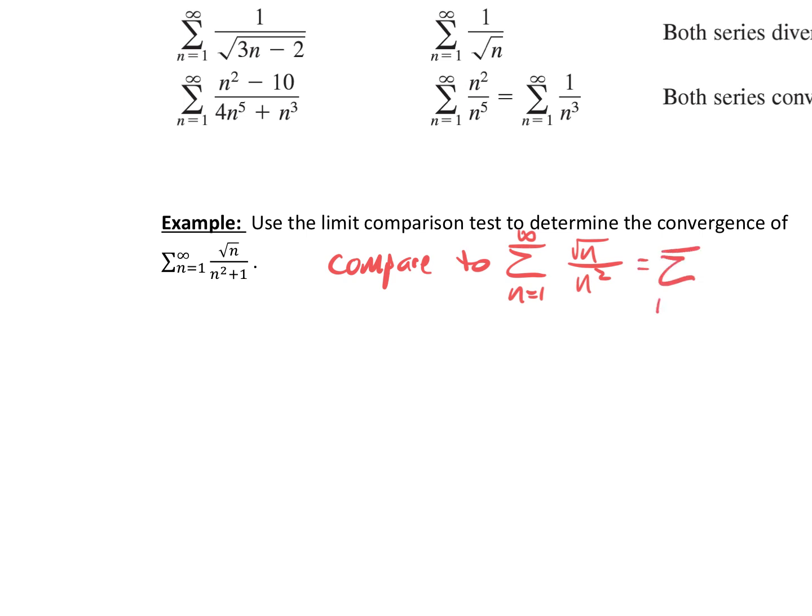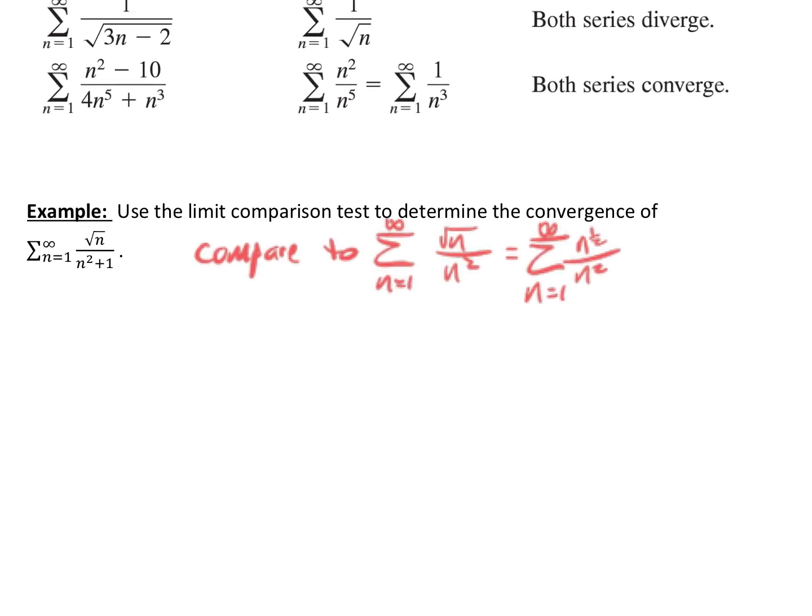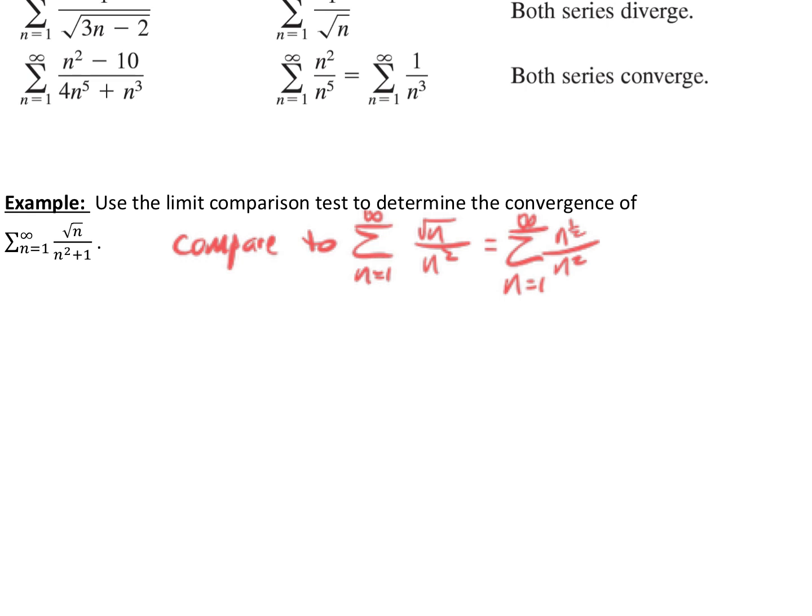This is the sum from n equals 1 to infinity of n to the 1/2 over n squared. And that just simplifies: subtract the exponents. This is 2 minus a half, which gives us 1 1/2 or 3/2. Okay, and since this is bigger than 1, this converges.